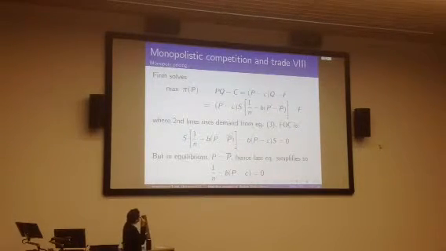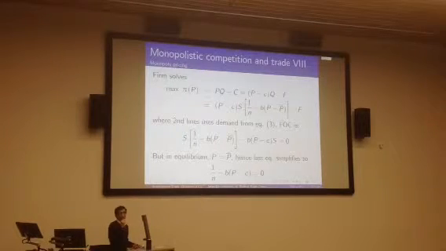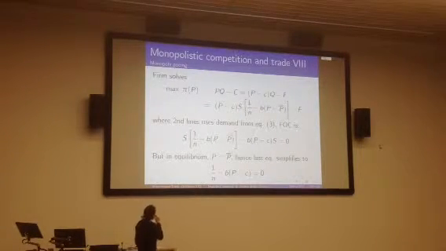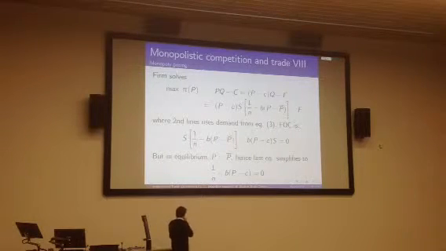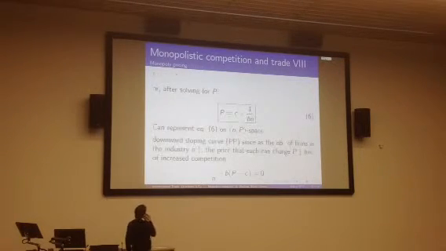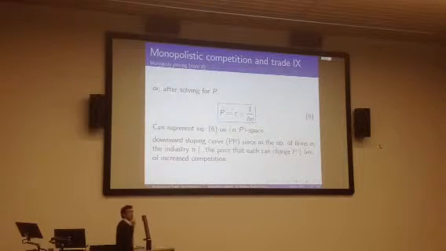Yeah? So are you okay with this? This is just differentiating a simple product that depends on P here and there. So you can rewrite it like this, and you get something which should be quite intuitive.